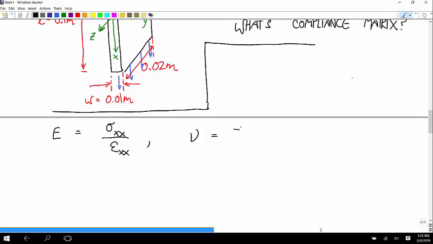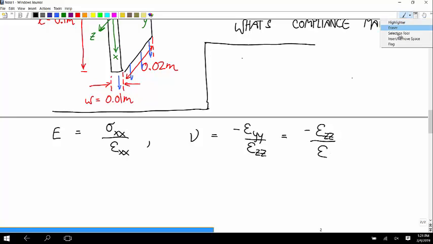We can do it as the negative YY strain over the loaded axis strain, or as the ZZ strain. So either one of those off-load strains divided by the loaded axis. That shouldn't say ZZ, that should say XX. That's just a measurement of how much bulging or sucking in the material does when you load a different axis.